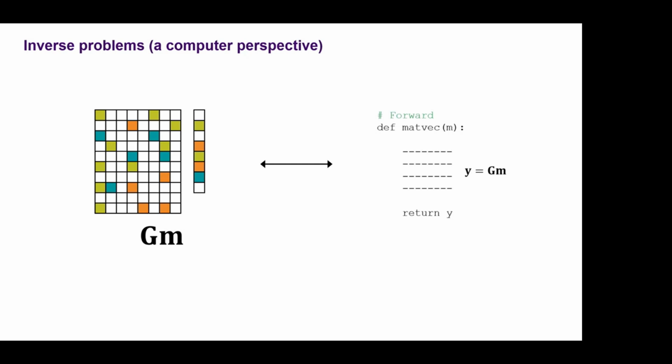But from a very high-level perspective, all I need to do is write a piece of computer code, a function that takes this vector m, applies a set of instructions, and returns a vector y, which is equivalent to having this dense matrix G modeling the physics of my problem and applying it directly to the vector.